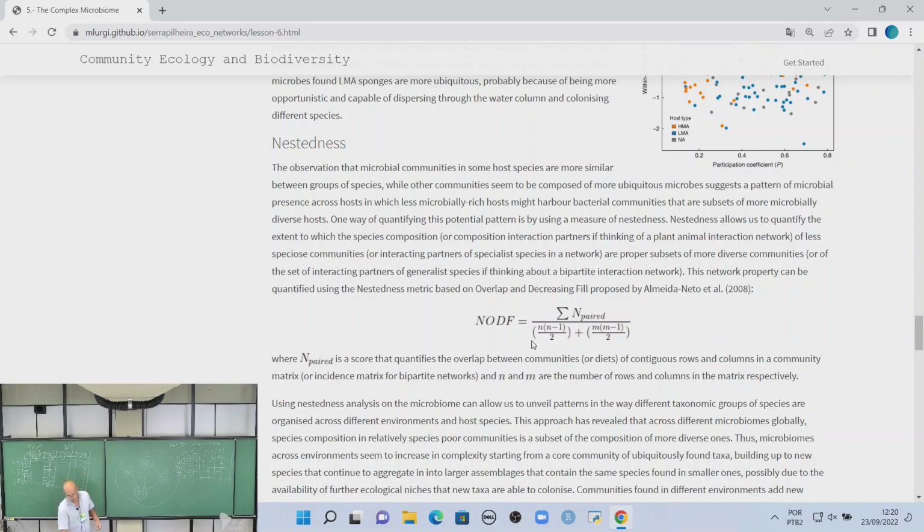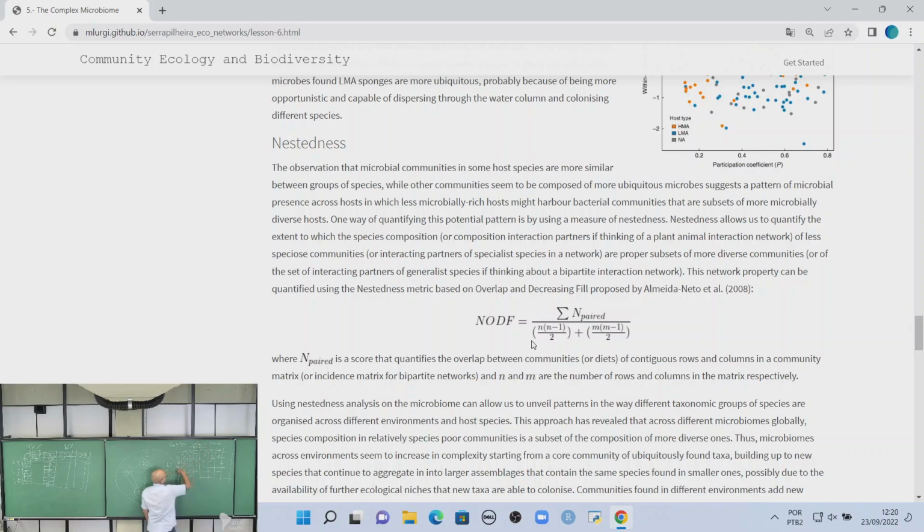And if you think about this pattern in terms of networks, like the plant-animal interactions we were talking about in the first lecture, you have your incidence matrix in which here you have the plants, so these are no longer communities but plants, and these are no longer species, but, well, they are species, but a specific type of species, the pollinators.